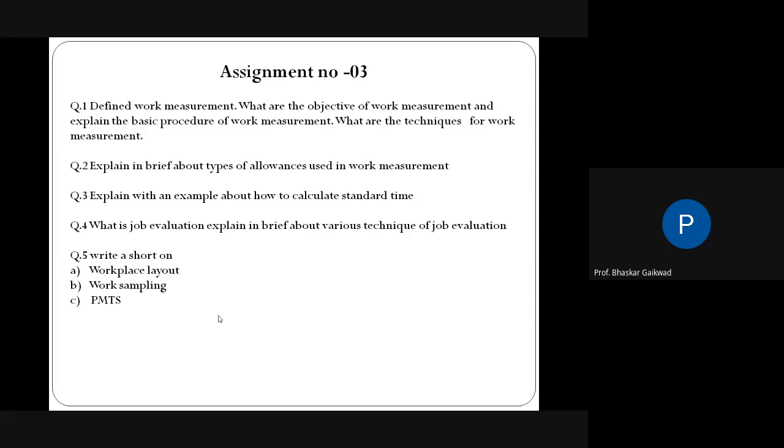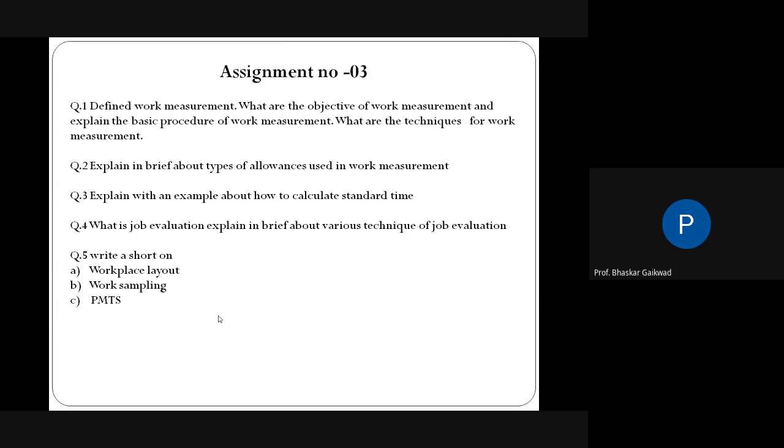So I will just read the questions and then we'll go for revision. And today we'll stop; tomorrow onwards, the first part, the definition of work measurement, objective, all this as per syllabus will go.